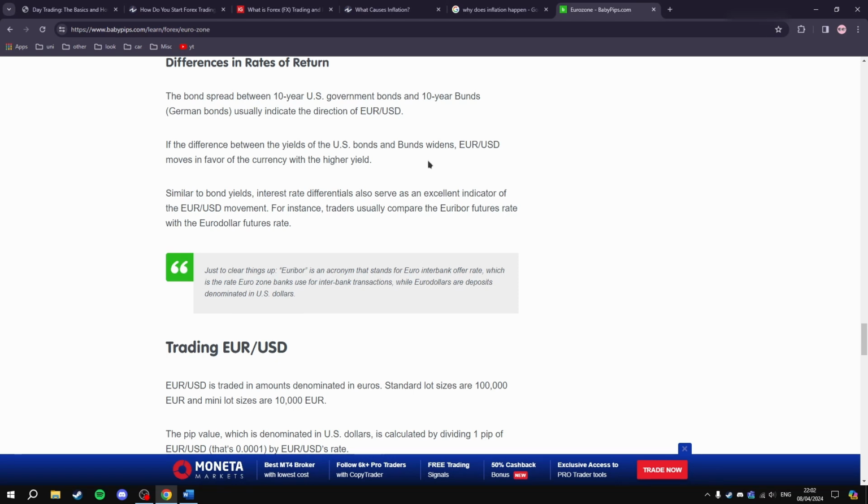Therefore EUR USD is going to rise. Similar to bond yields, interest rate differentials also serve as an excellent indicator of the Euro USD movements. For instance, traders usually compare the Euribor futures rate with the Euro-Dollars futures rate.